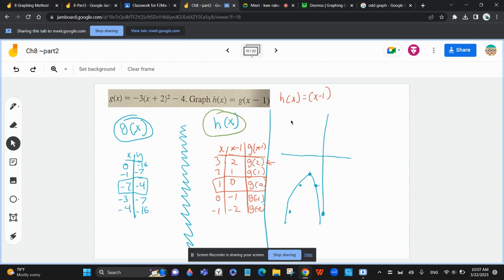So first, g of x minus 1 is not x minus 1, right? It is the function g of x given by the question, but instead of x, we plug in x minus 1.